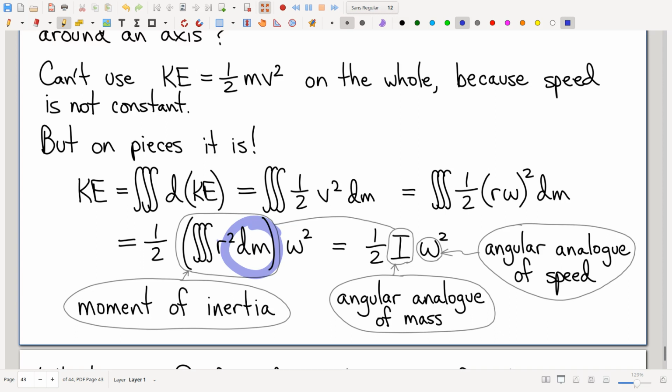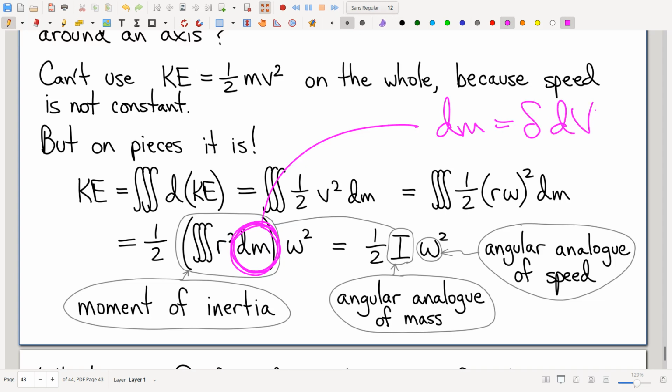It's arguably a little awkward, but it's very, very common. What we mean by that in this case, let me write this down over here. dm is just density times dV. Yeah, that's all it is. Is that cool? Good question.